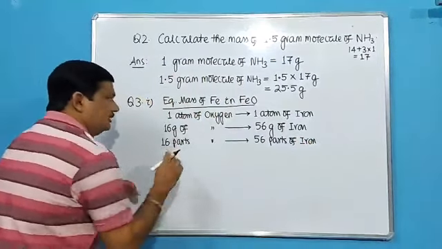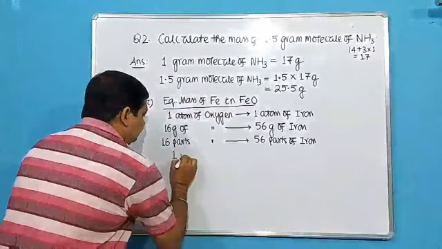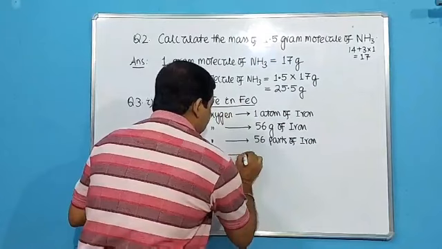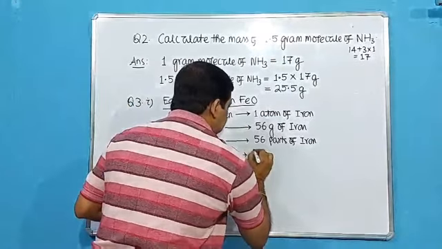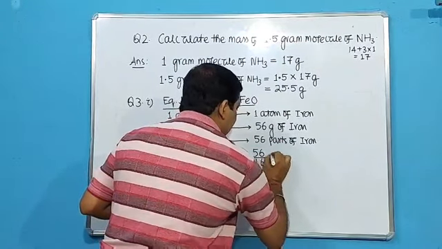So you will go for unitary method. So one part of oxygen will combine with 56 by 16 parts of iron.